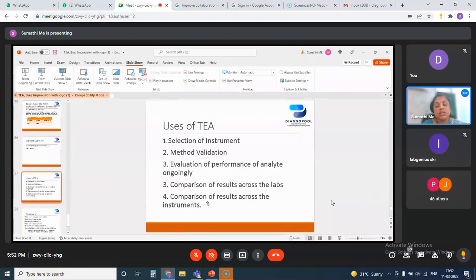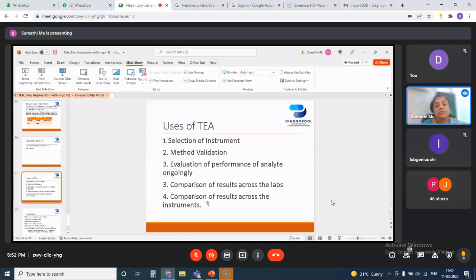They don't give the bias. However, when you are verifying or validating the equipment, you can go for the bias calculation and see how much total error can be obtained from a new instrument. So this can be applied while selecting the instrument.